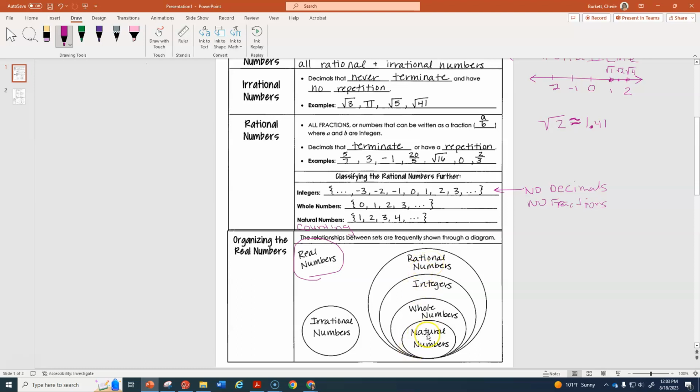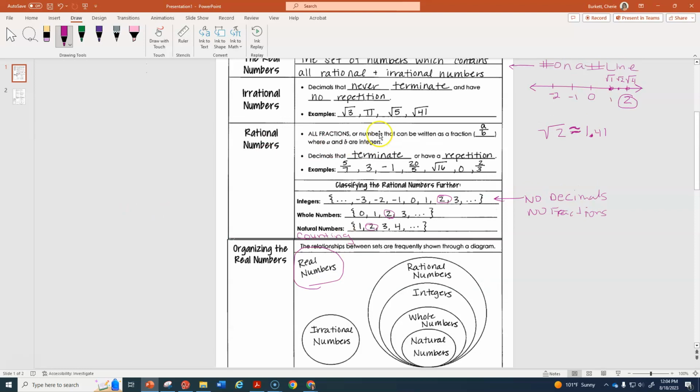So natural numbers are also whole numbers, because as you notice, here's the number 2, and the 2 is in the natural set, the 2 is in the whole set, the 2 is in the integer set, and the 2 is going to be on our number line over here. So since it's on the number line, we know it's a real number. So the number 2 would belong in all of those groups.